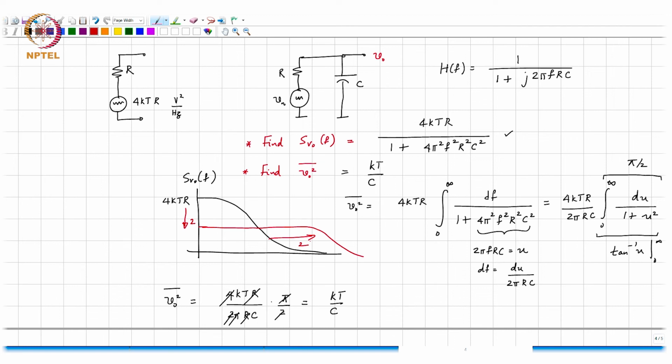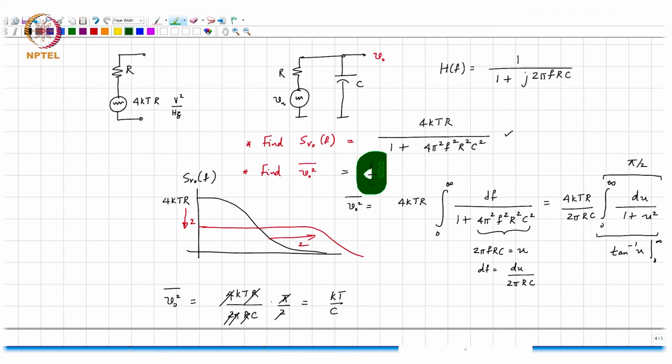Now, that doesn't mean that this factor and that factor always exactly cancel. In this case, it just so turns out that the reduction in spectral density exactly cancels out the increased bandwidth. Does it make sense? So, that's the intuition behind this kT by C.